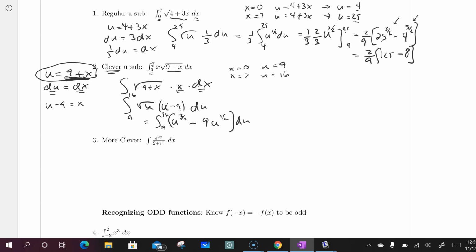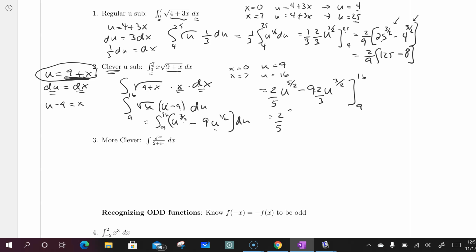Now I'm ready to take the antiderivative. So if I add 1, so I get u to the 5/2 over 5/2, or times 2/5, minus, carry the 9, add 1 to the exponent of this, so I get u to the 3/2 over 3/2, or times 2/3. And I'm going to evaluate it between 9 and 16.